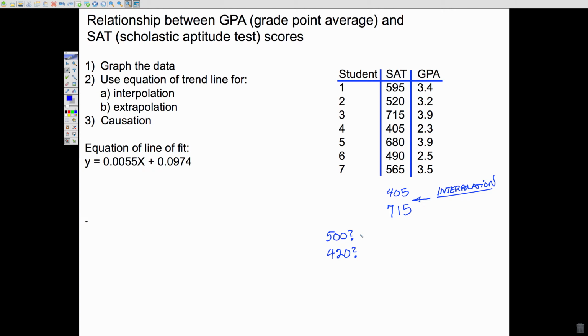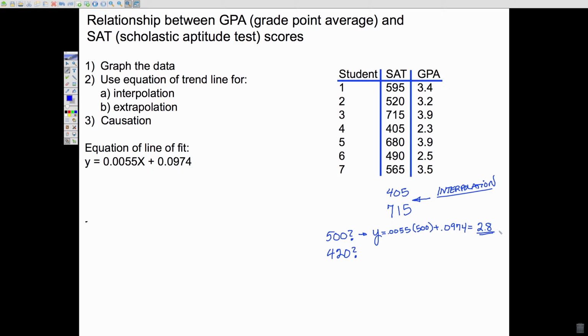Now for 500, we would plug 500 into the equation of the line of fit. So we'd say y equals 0.0055 times 500 plus 0.0974. If you work that out and round the answer off, you'll find that it predicts a GPA of 2.8.